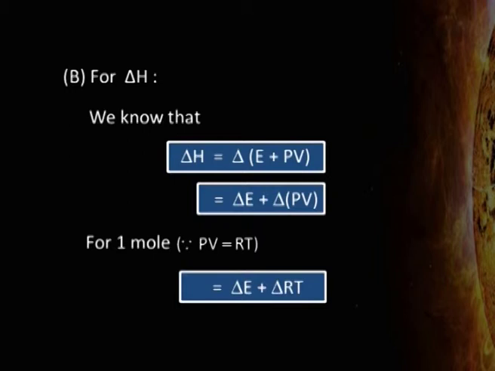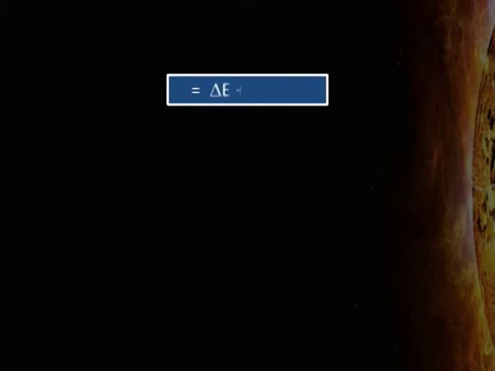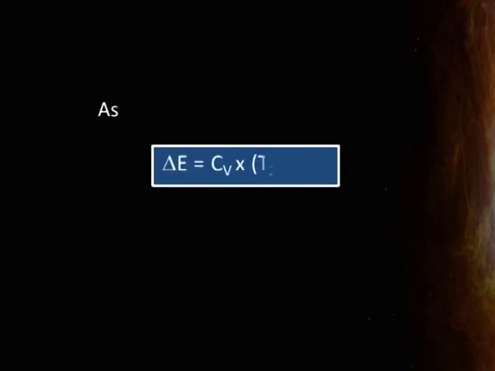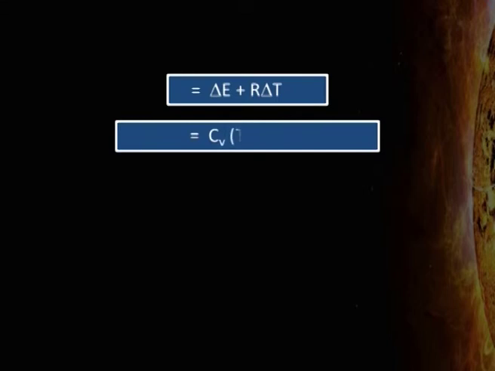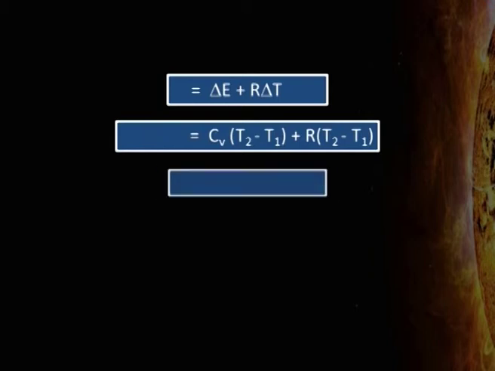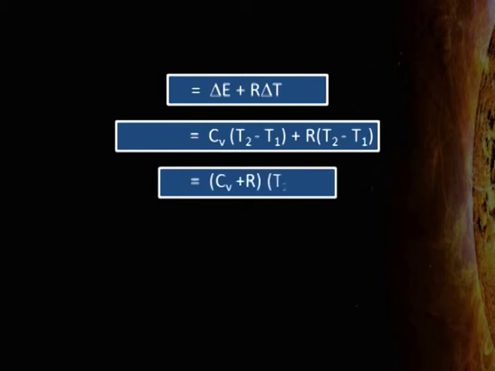As R is a constant, this equation can be written as delta H equal to delta E plus R delta T. As delta E is equal to Cv into (T2 minus T1), therefore, we can say that delta H is equal to Cv (T2 minus T1) plus R (T2 minus T1). Taking (T2 minus T1) common, we will get (Cv plus R) multiplied by (T2 minus T1).